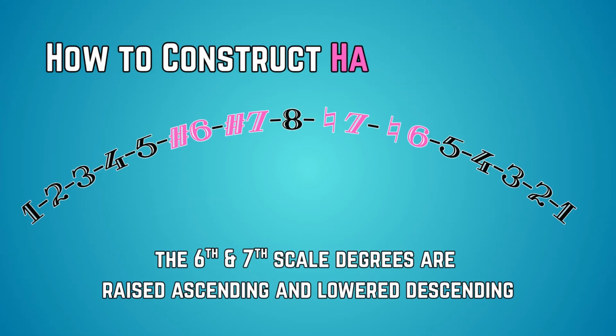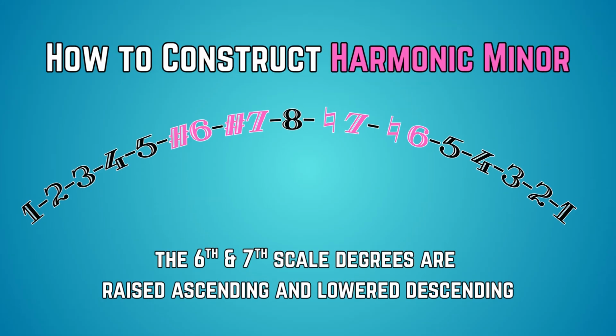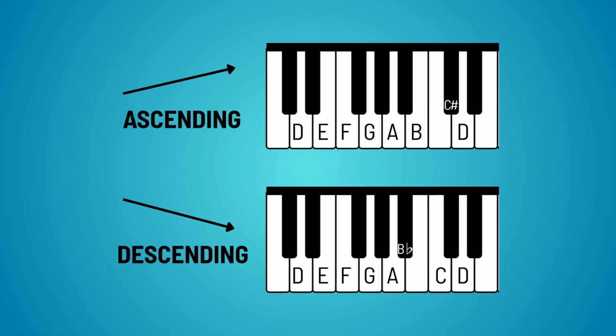To construct a melodic minor scale, first write the natural minor scale. Next, identify the sixth and seventh scale degrees. Raise both notes by one semitone when ascending. Return both notes to their natural minor forms when descending. Using D minor again, the natural form is D, E, F, G, A, B flat, C, D. The sixth scale degree is B flat.